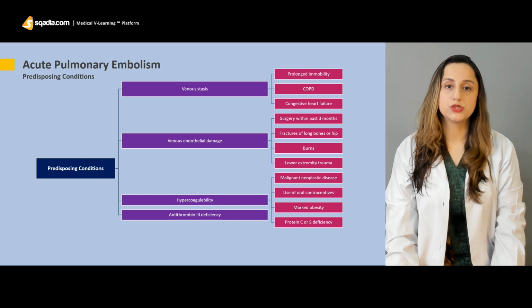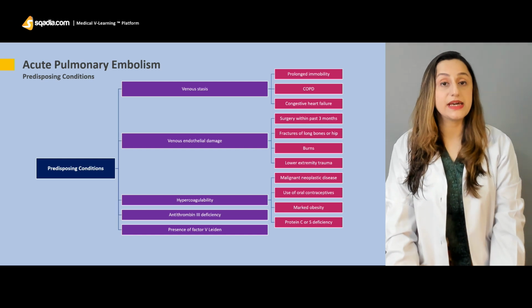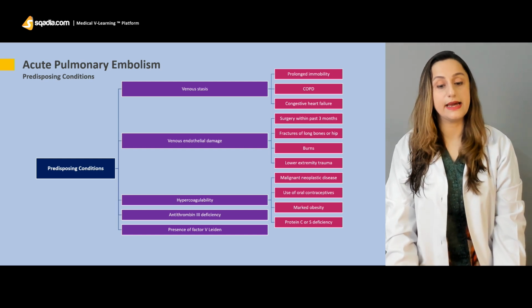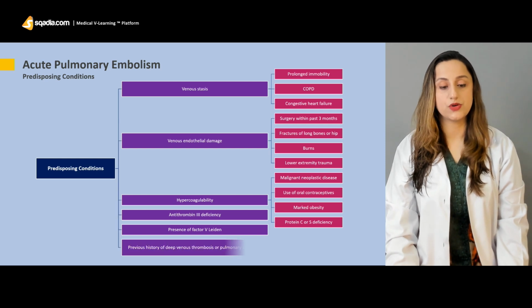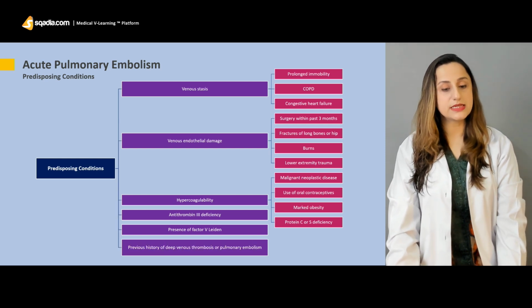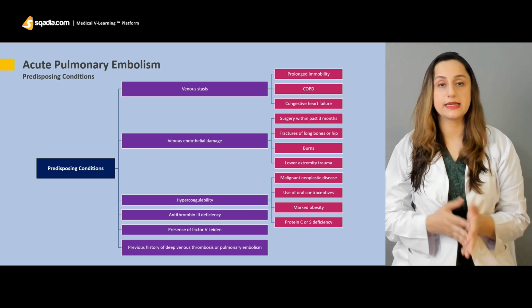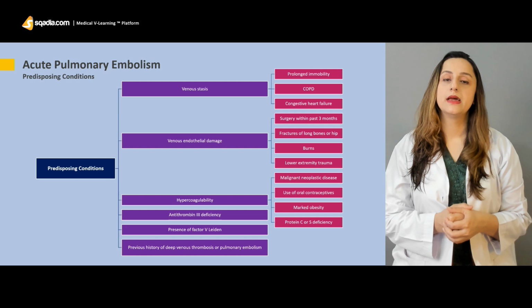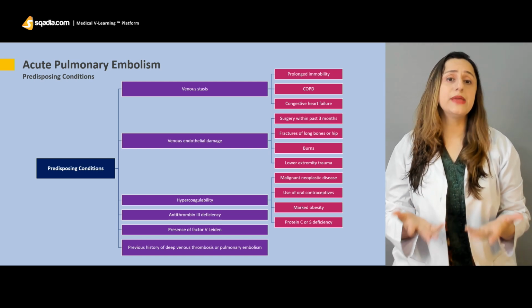And then we have the presence of factor V Leiden. So this is again one of the important conditions that you have to focus on. And then we have the previous history of deep venous thrombosis or pulmonary embolism, which again makes the patient more prone to the development of pulmonary embolism.